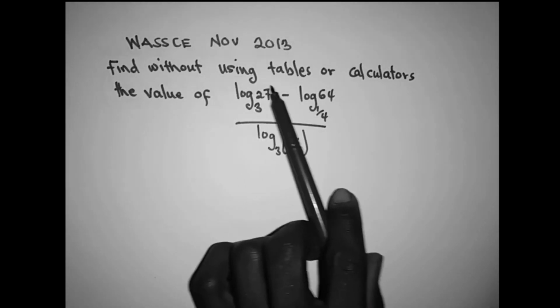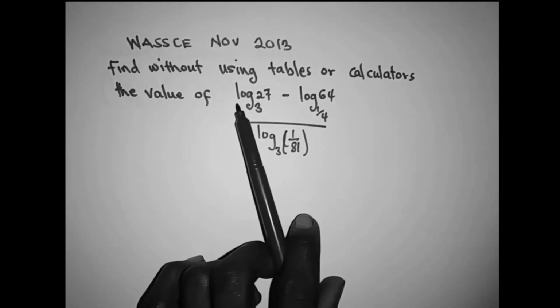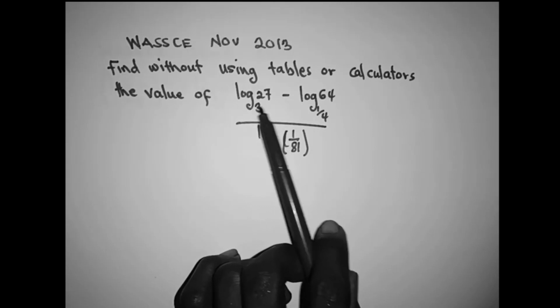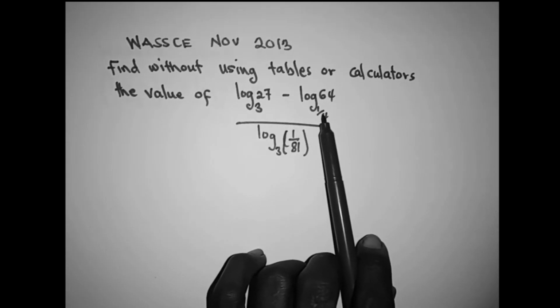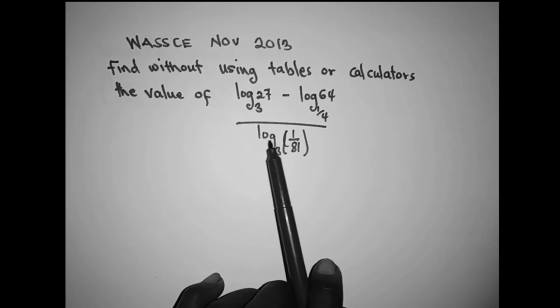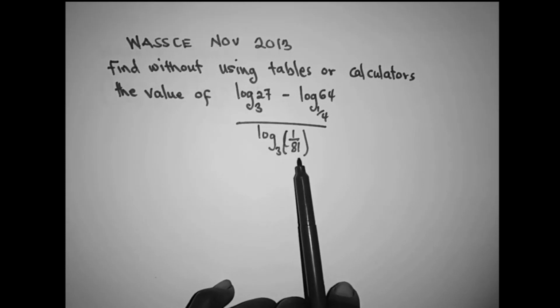So find without using tables or calculators the value of log 27 base 3 minus log 64 base 1 over 4, divided by log 1 over 81 base 3.